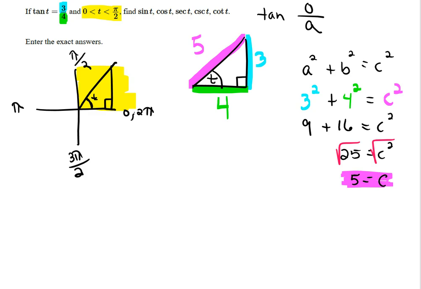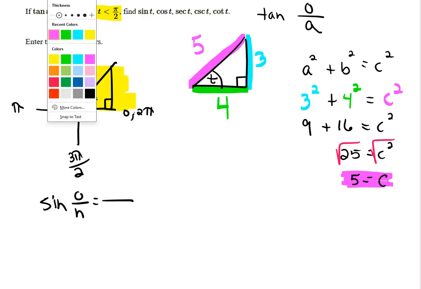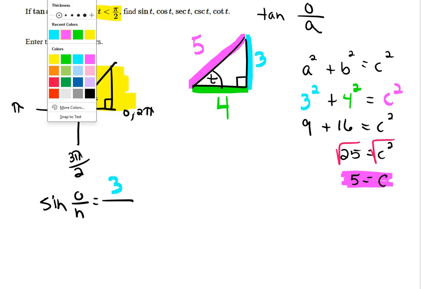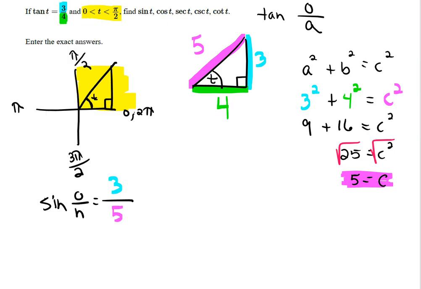And so now I can find everybody else. Remember, sine is opposite over hypotenuse. So the sine is 3 over 5. And I'll just go ahead and do sine goes with cosecant.